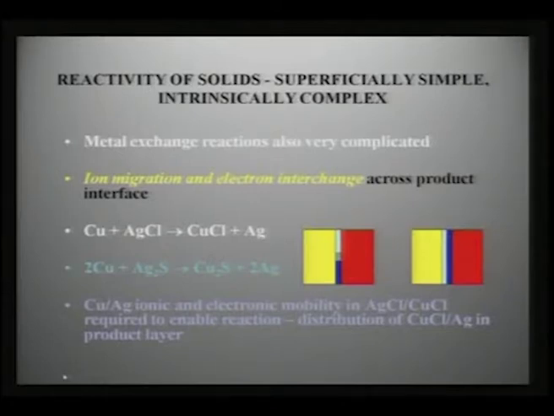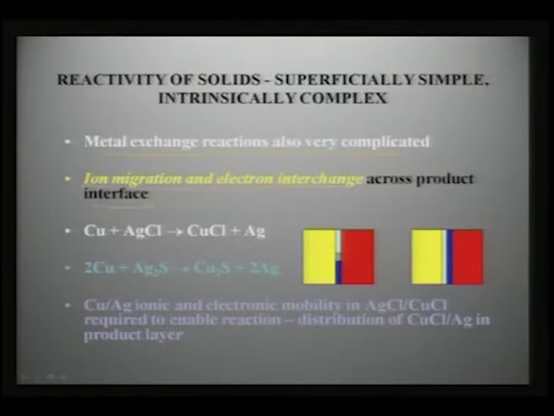Here is another reaction where the metal exchange reaction is also achieved, and this can look very simple, but again this is very complicated. For example, you take copper and silver chloride giving copper chloride and silver, or copper treated with silver sulphide giving copper sulphide and silver metal. This is purely based on ion migration and electron exchange at the interface.